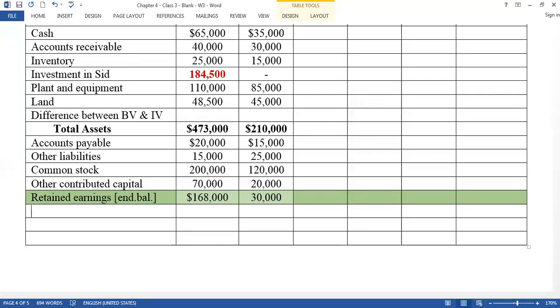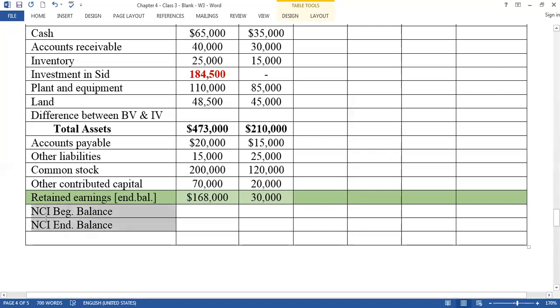So NCI beginning balance, and we should have NCI ending balance. So this is the new cell.